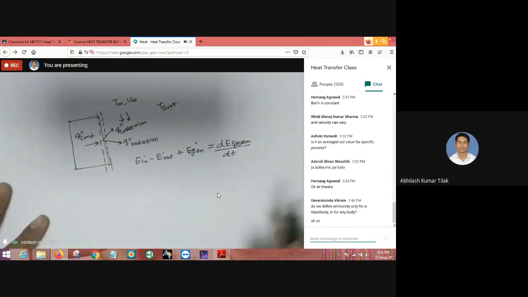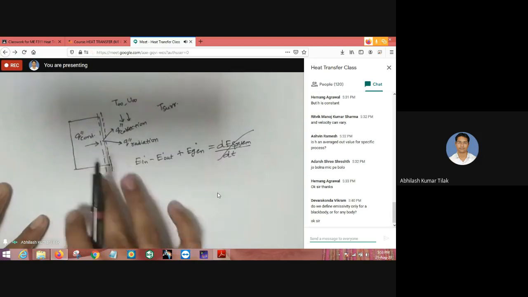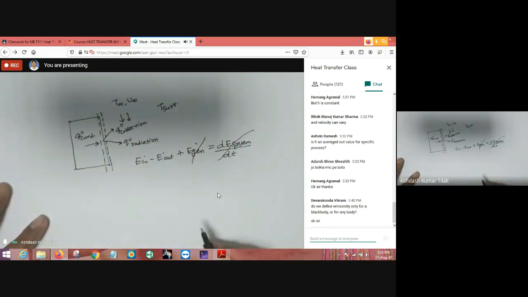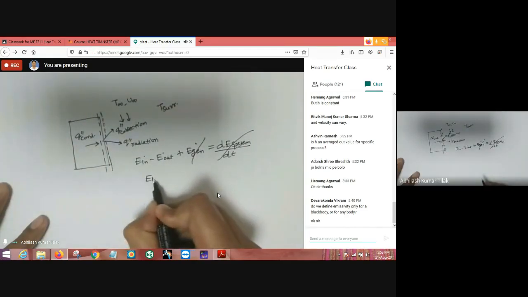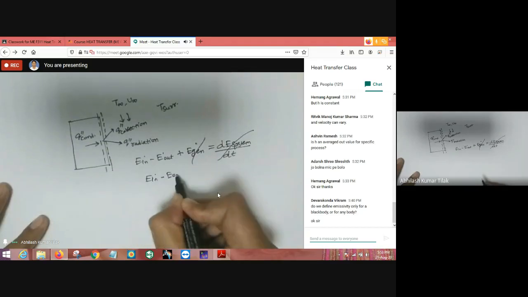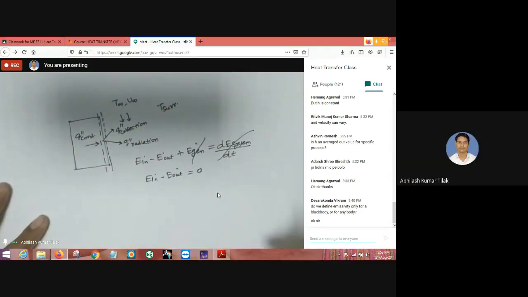If this is a steady state, this term will be cancelled out. If there is no heat generation involved, the energy generation term is cancelled out, and I can write E in minus E out is equal to 0.